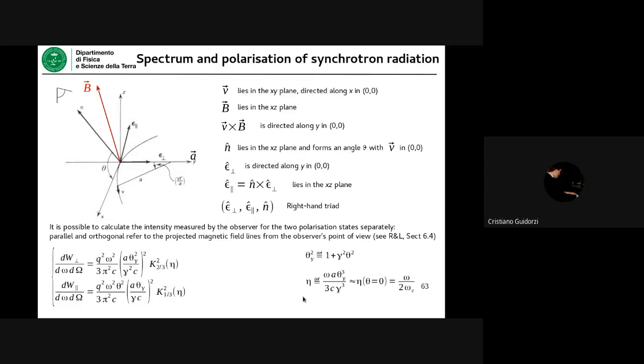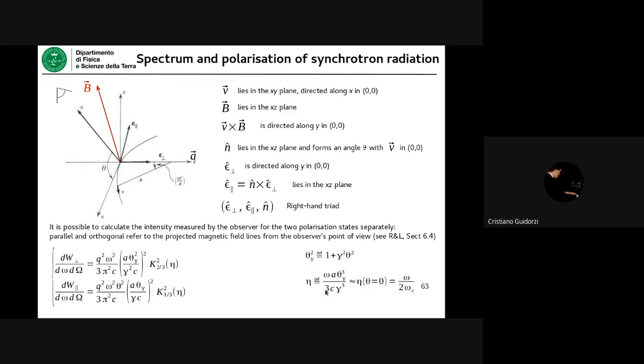And due to the fact that gamma theta is very small when you have most of the contribution, for the very reason that I just told you, when theta is close to 0, this guy is essentially 1.